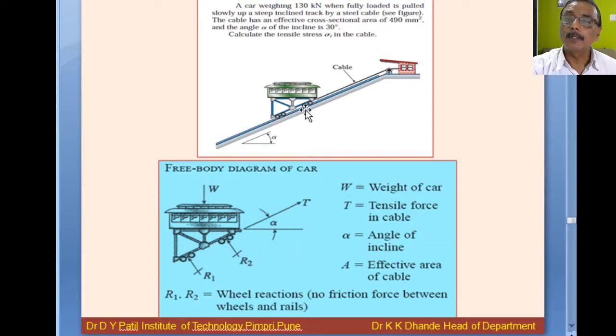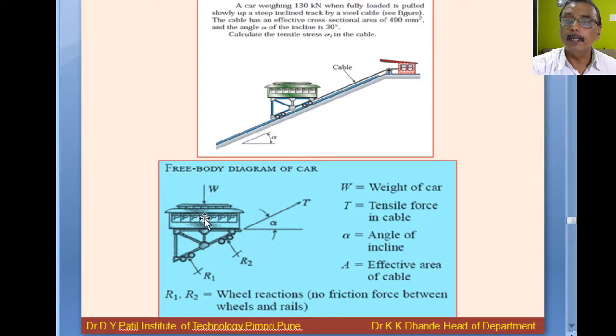So when supports are there, we may say there are reactions acting, R1 and R2. You already studied in engineering mechanics the reactions acting at a roller support at a point. So these are reactions R1 and R2, and the total weight of this car, you may say trolley, is acting in the downward direction.